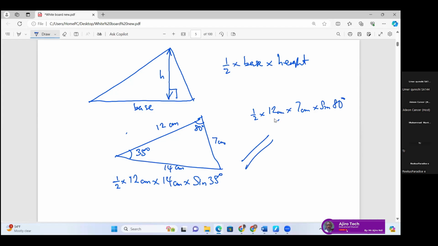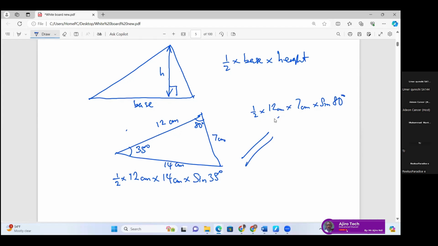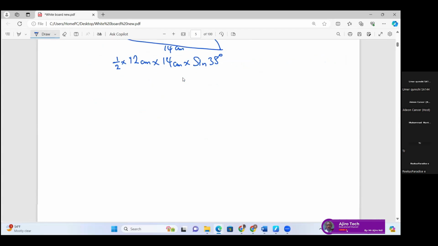Okay? Now, let's say that you're not given any angle, because an angle must be involved in solving area of a triangle using this method. But if you don't have any angle given, you have just three sides.